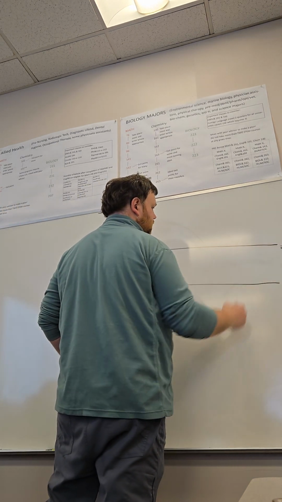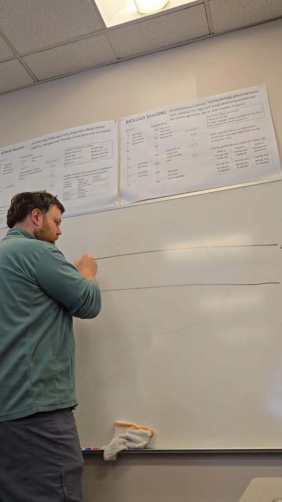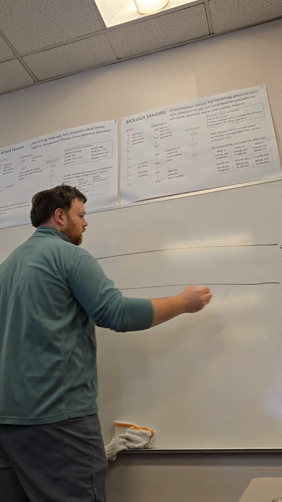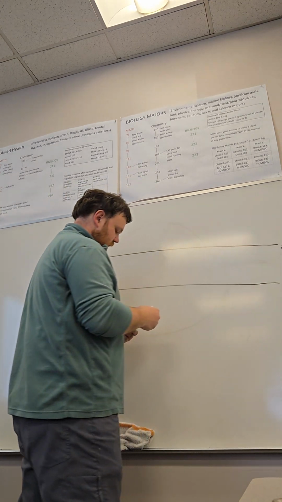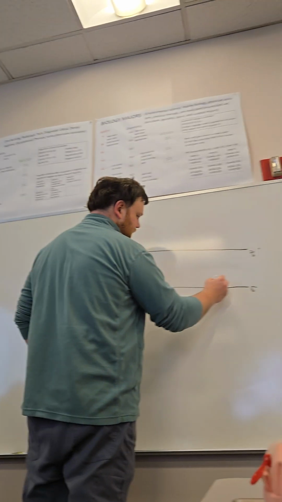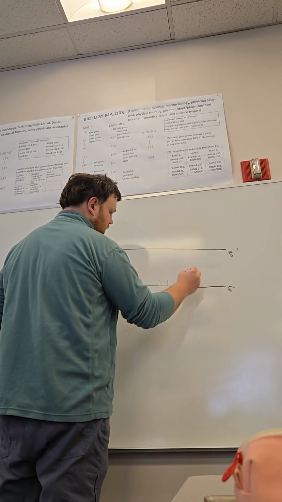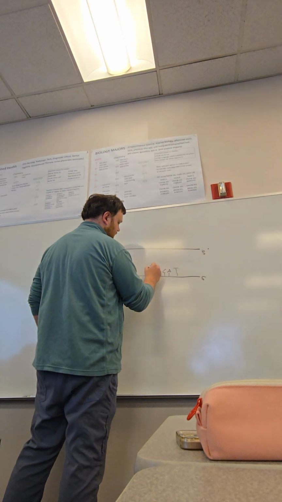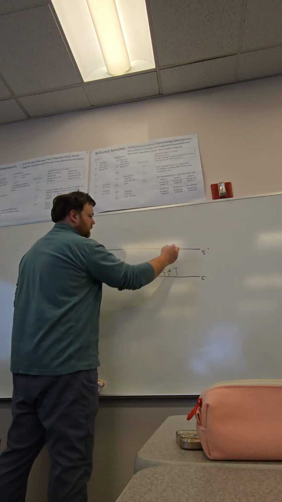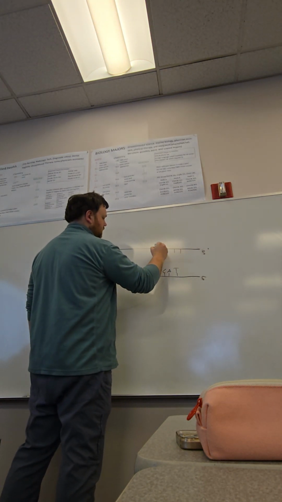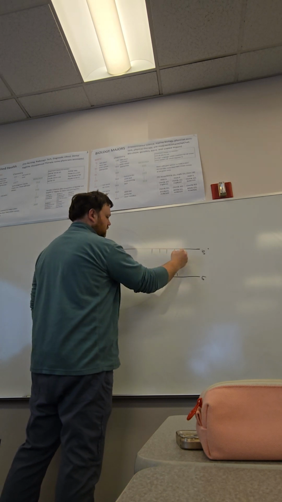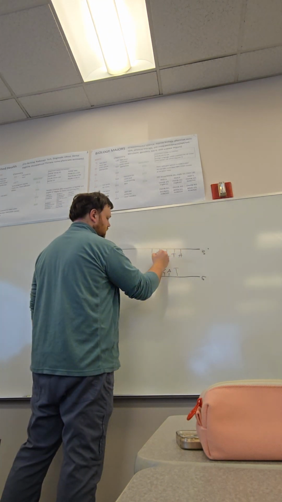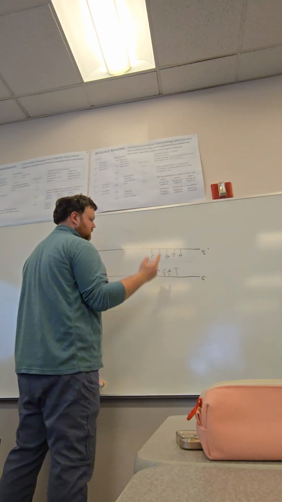This is 3', right? So they're complementary to each other. And if this is a sequence of, say, T, A, C, A, G, right? This must be A, T, G, T, C. Excellent, okay?